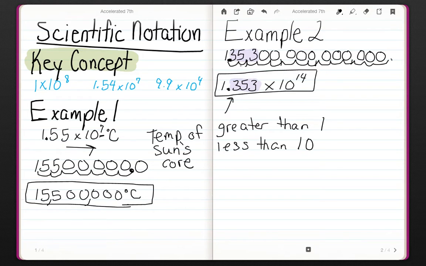It can have a decimal. So that 3, 5, and 3 is going to stay as part of my problem. It's just going to be to the right of the decimal. And then my exponent is how many places the decimal moved. Okay? All right, example 3.